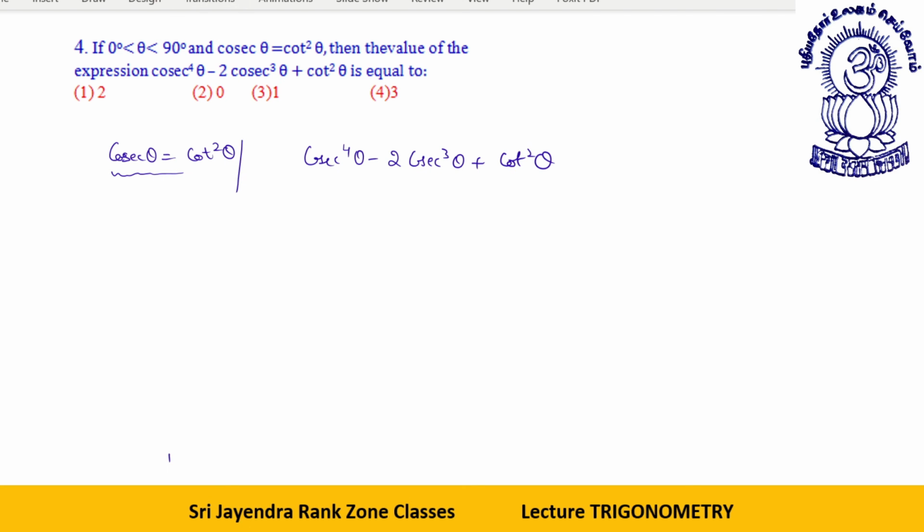See, we have cosec 4 theta. This is 2 cosec cube theta. Let me read as minus cosec cube theta minus cosec cube theta plus cot square theta. I will again read as cosec 4 theta minus cosec cube theta minus cosec cube theta.